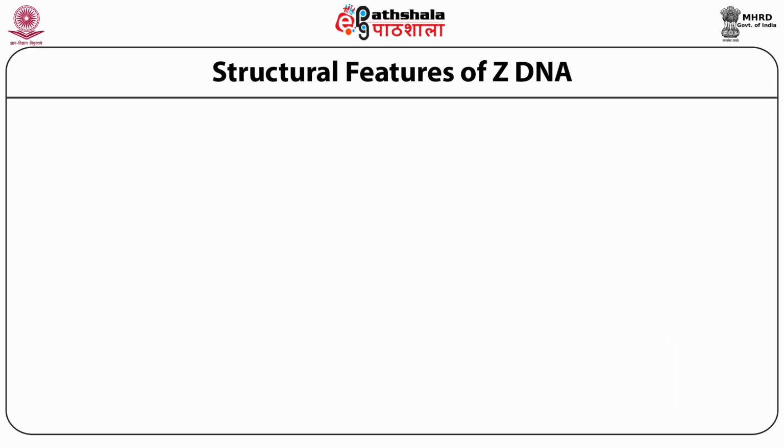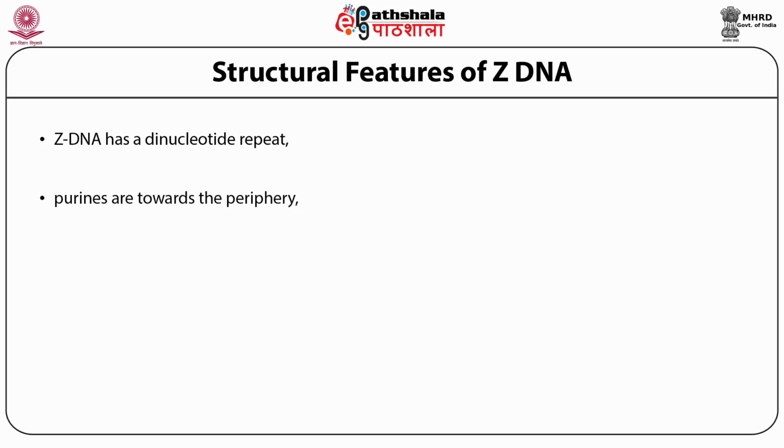Structural features of Z-DNA or left-handed DNA. Z-DNA has a dinucleotide repeat. All other DNAs have mononucleotide repeats. Then purines are towards the periphery. Like in B-DNA, purine and pyrimidine are near the center.